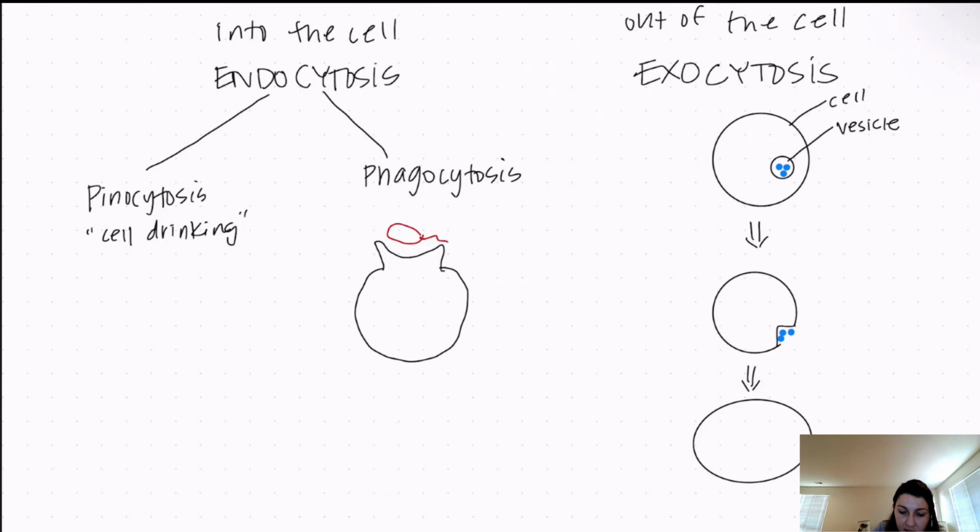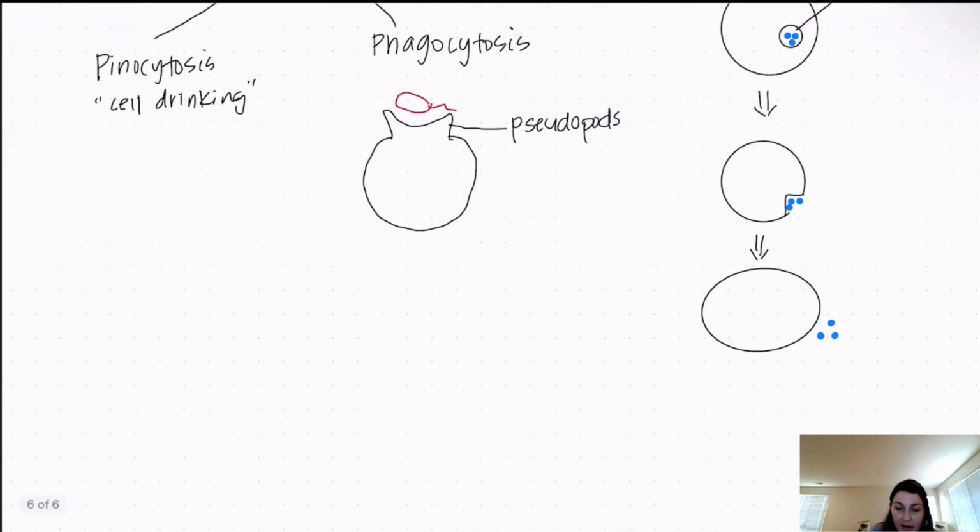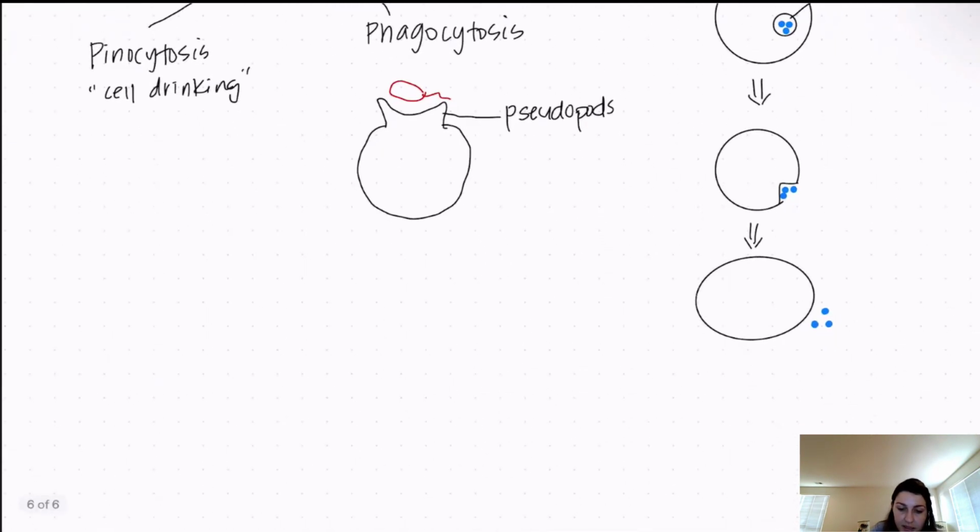These feet-like projections of the plasma membrane are called pseudopods. Pseudo means fake, pods are feet, so they're little fake feet of the cell because the cell's reaching up to kind of grab and engulf that bacteria or whatever it is. So we form pseudopods, and then we've engulfed that thing inside of the cell.